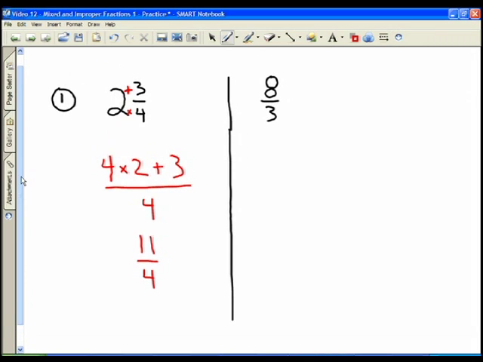Similarly, we can convert 8/3 into a mixed fraction. We divide 3 into 8, and we see how many whole times it goes in.